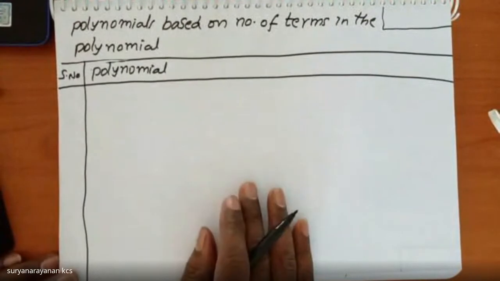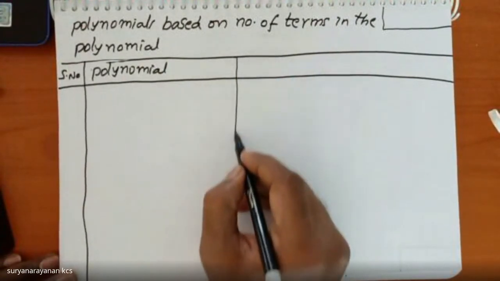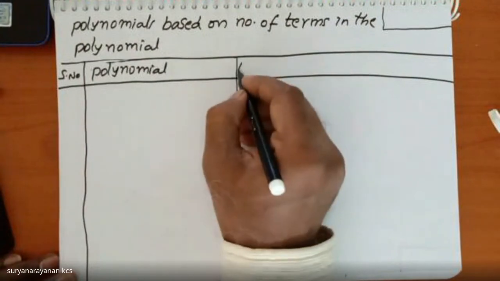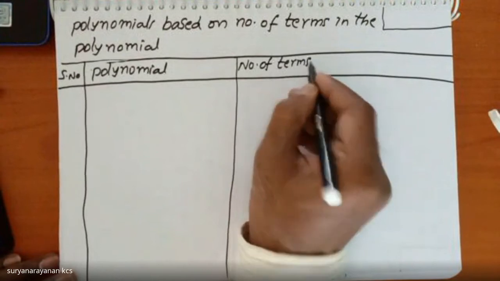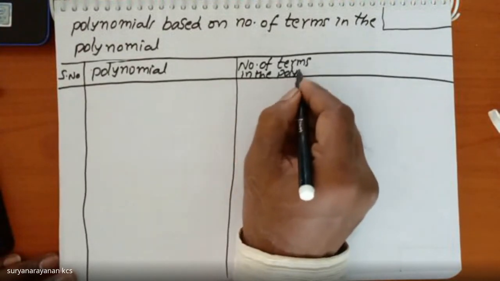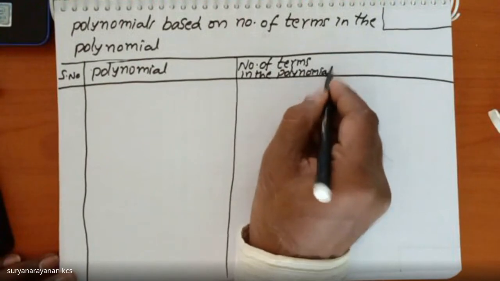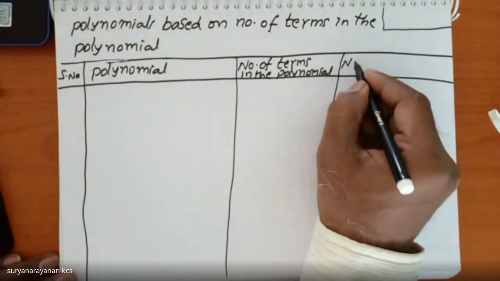Here I am taking some polynomials. You have to identify the number of terms. Next, the name of the polynomial.